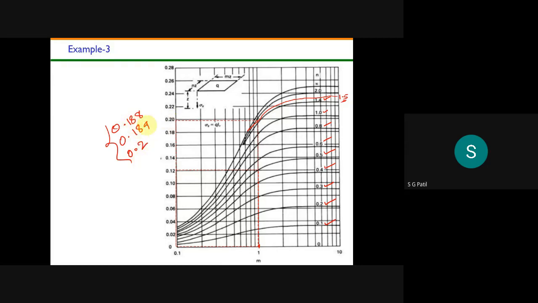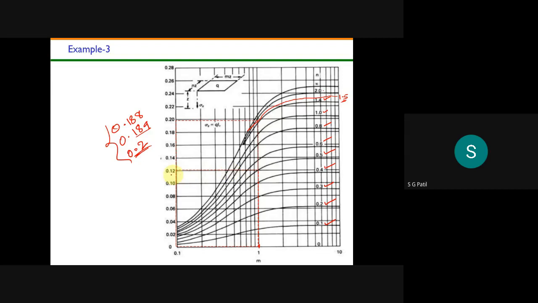So it is 0.189. Instead of that, if you take 0.2 also is fine, because it's a little approximate only you can do here. Like interpolation. Because here you don't have exactly the 1.5 graph. You are interpolating between 1.4 and 2. So for 0.5, how much is it here? See, this is 0.5.